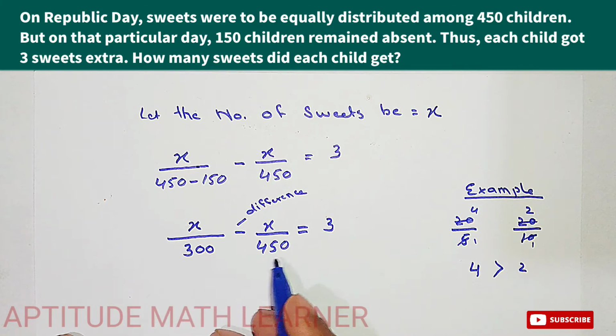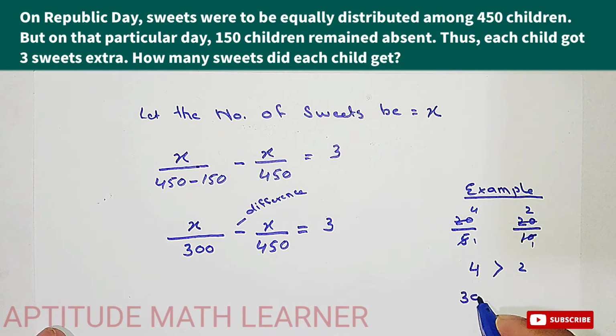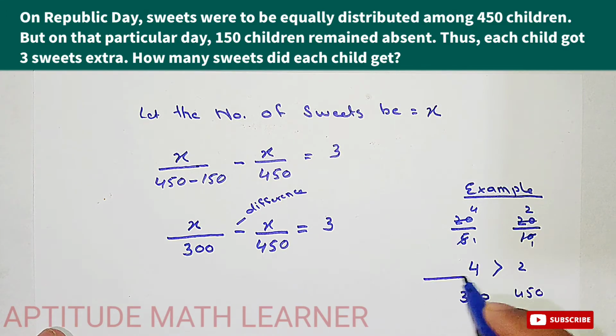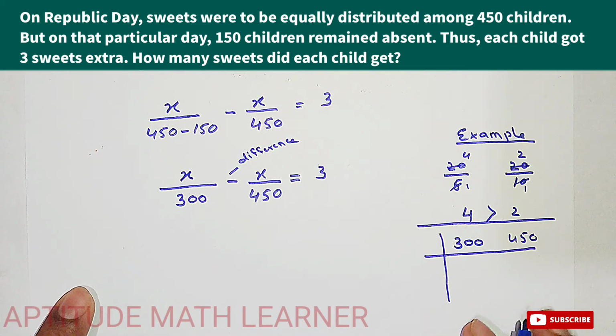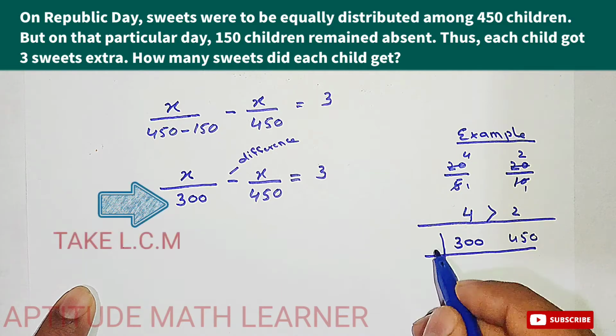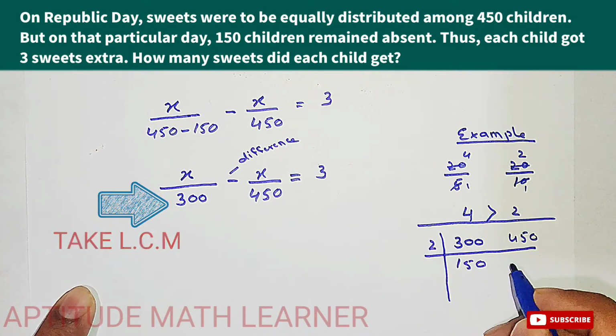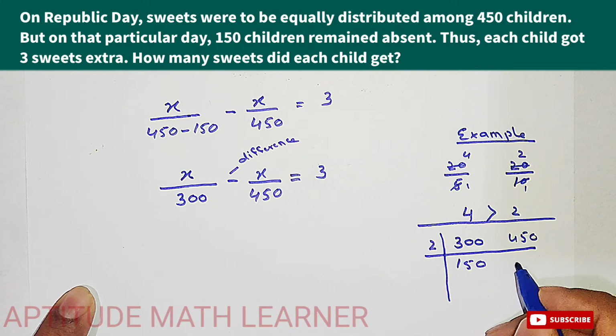So here if we take the LCM, what will the LCM be? To take out the LCM, see, this is 300 and this is 450. If we divide by 2, we get 150 and 225.